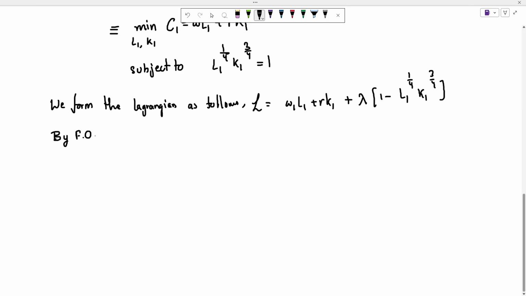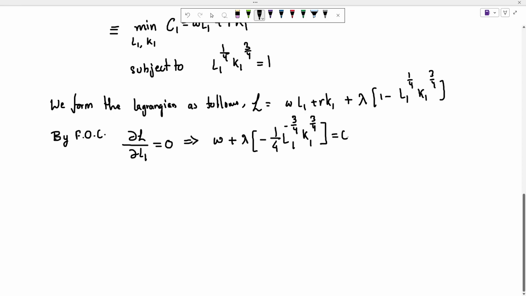By first order conditions, we have W1 plus lambda times minus 1/4 L1 to the power minus 3/4, K1 to the power 3/4, equal to 0.